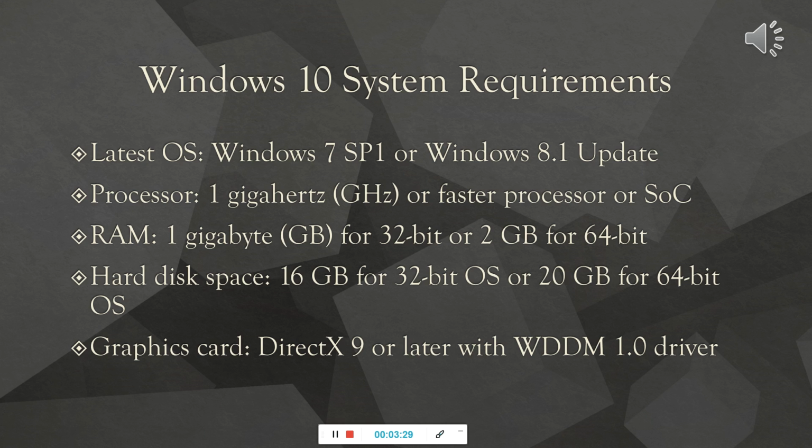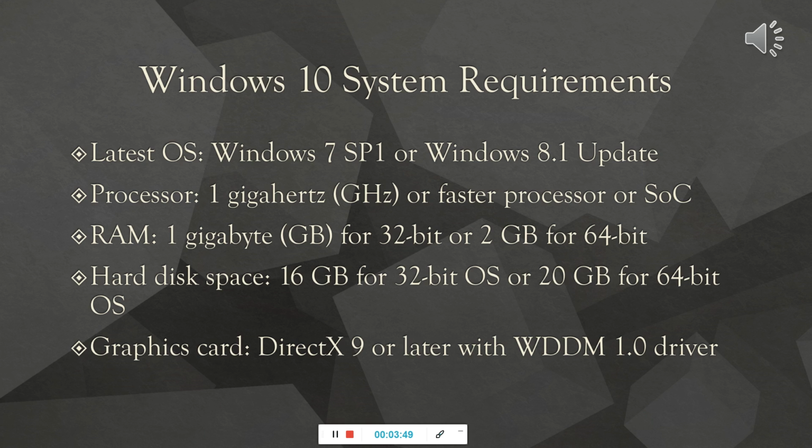Let's look at the system requirements of Windows 10. It needs a current operating system of Windows 7 SP1 or the Windows 8.1 update. In this case, the organization had been using Windows 7.